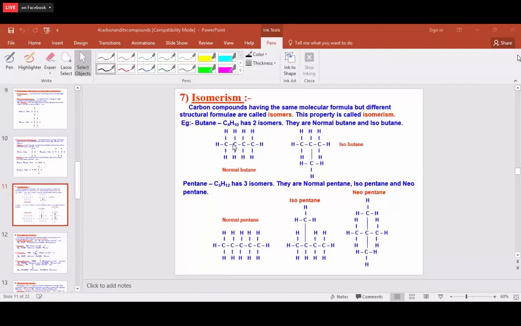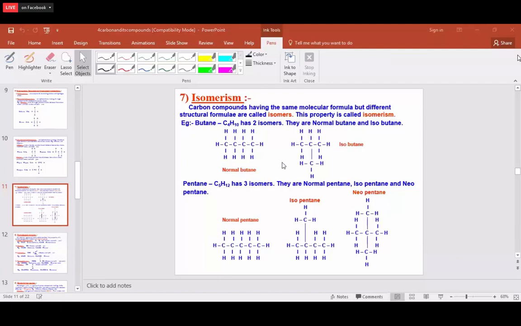This last carbon makes only a single bond with carbon, so it can make three different bonds with three different hydrogen atoms. So totally 4 carbon and 10 hydrogen atoms are present. This we call normal butane.